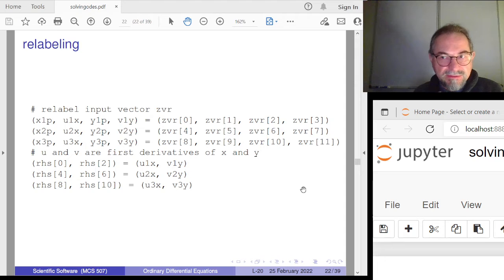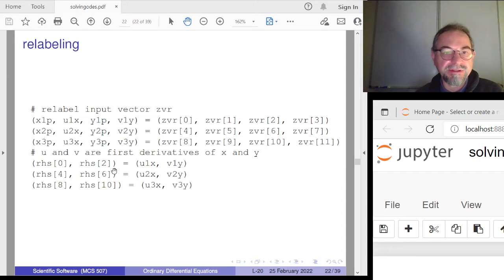We had the 6 original equations and then the 6 extra equations, which are essentially defining the relabeling. So just like we had with the pendulum, the first right hand side is the derivative of the position, or actually the velocity, the first component of the velocity of the first body.